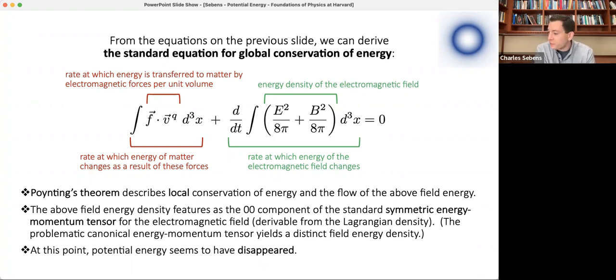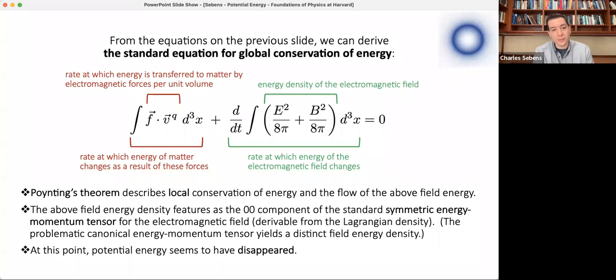I was reading Bruce Hunt's book, The Maxwellians, about how Heaviside arrived at the modern formulation of Maxwell's equations with divergences and curls, and apparently it was by studying the conservation of energy. So we got these equations for conservation of energy first, and then the modern formulation of Maxwell's equations. But from the modern formulation, it's straightforward to derive this equation for conservation of energy.